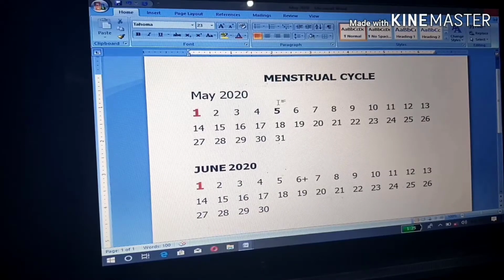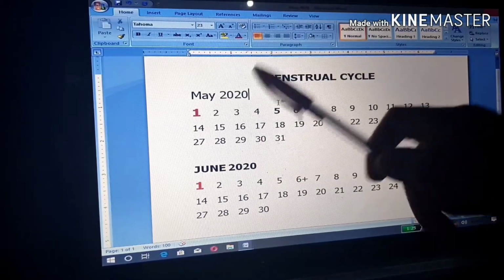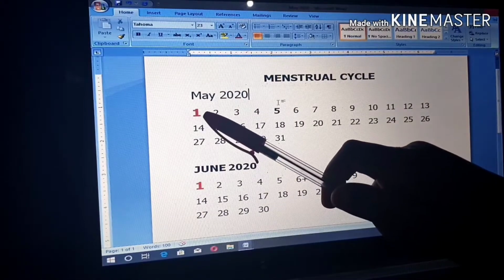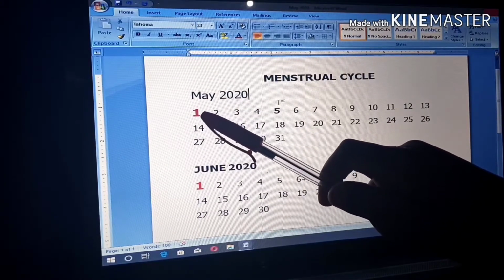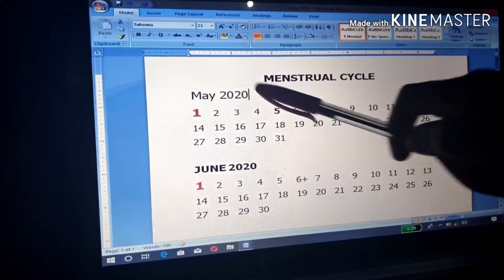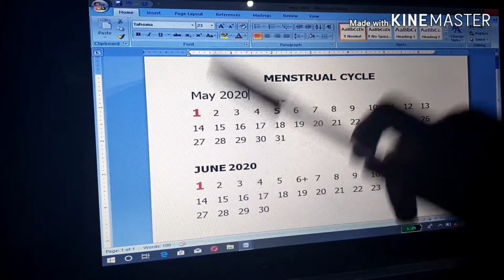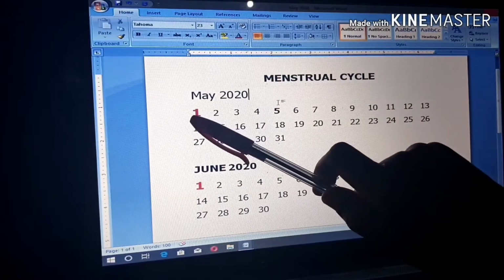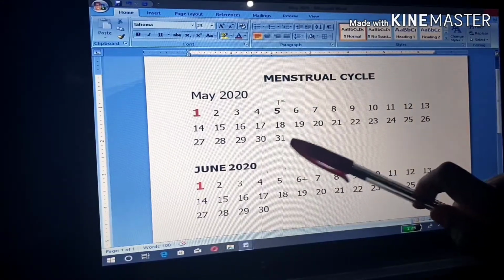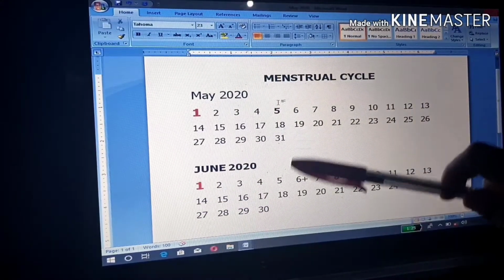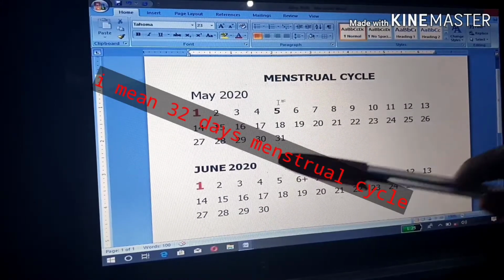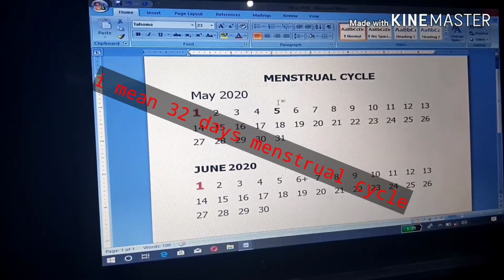For you to know your menstrual cycle, all you need to do is to count from the day you started menstruating in the month of May, till the time you started menstruating in the month of June. That is, let's count 1 to 31, this 31, 32. That means what you have is a 32-day menstrual cycle.